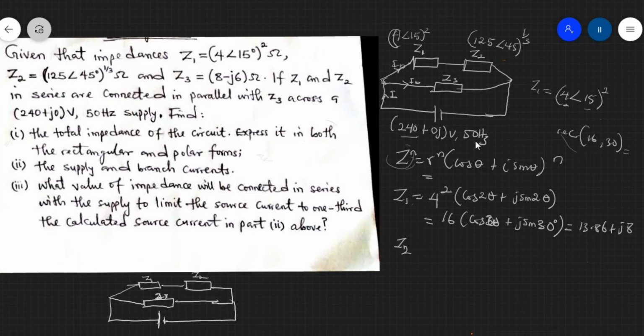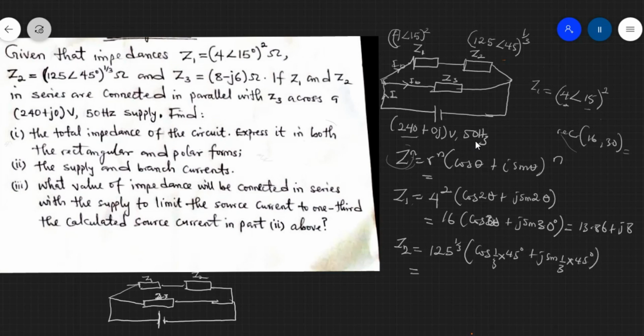Then you do the same thing for Z2, which is the same problem. We have 125 to the power 1 over 3, open bracket, cos. Again, the power multiplies the angle: 1 over 3 times the angle given to you, 45 degrees, plus j sine 1 over 3 times 45 degrees.